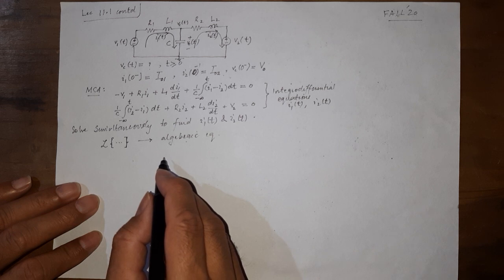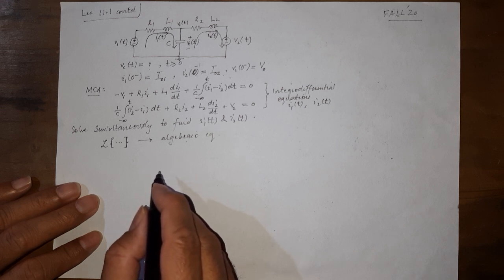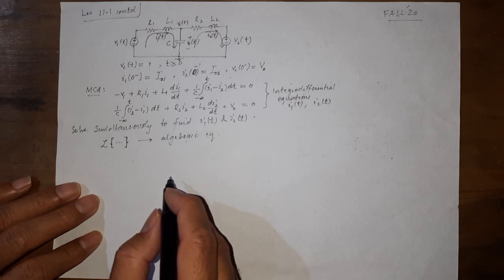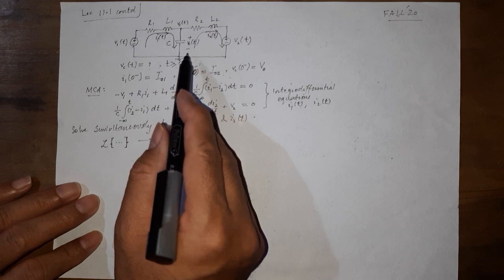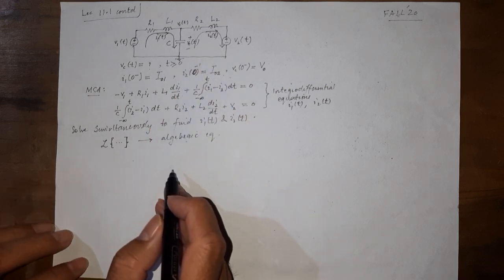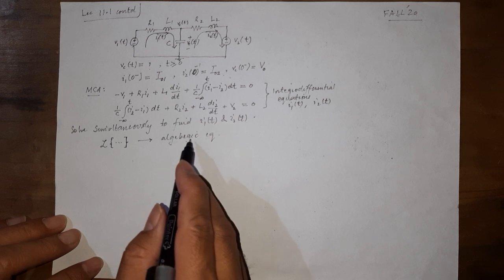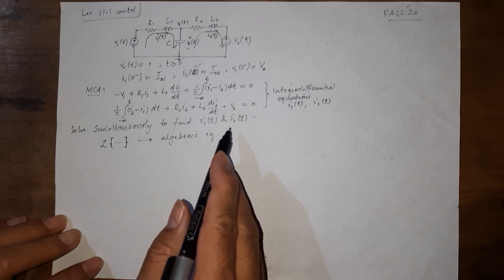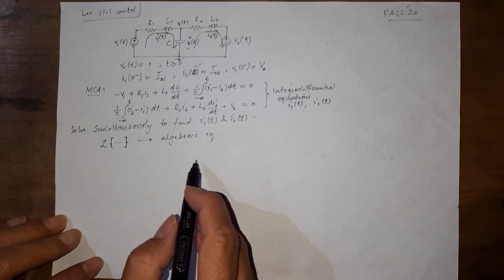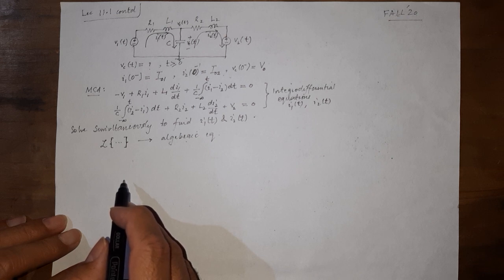And then solving those two algebraic equations simultaneously would be very easy, and we can find, for example, both I1 and I2. And once we find I1 and I2, or the equivalent in the algebraic world of I1 and I2, then we can initiate a reverse process to find what they are in the time domain.